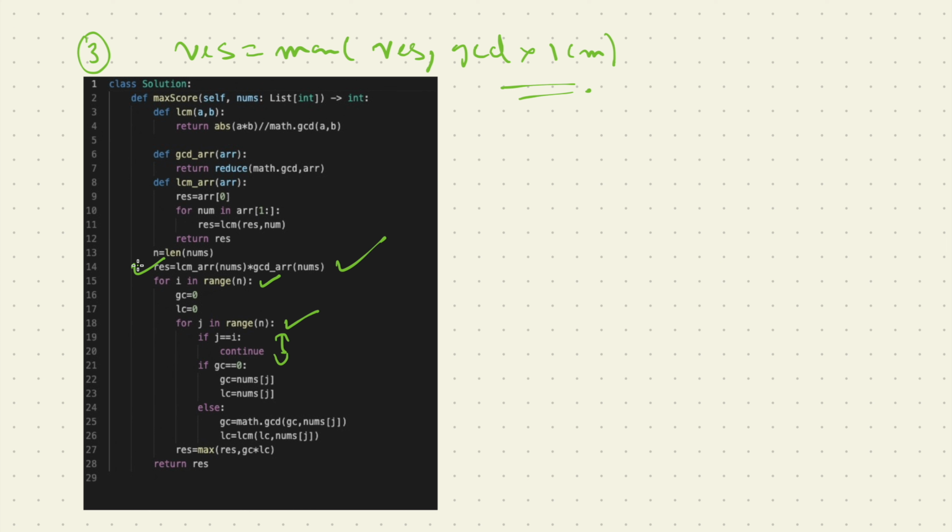If we do this, we already have the result for when you don't skip any element. Now we are checking the condition when we skip one element. So we just calculate the GCD and LCM for each of the iterations and update the result, and at the end we just return the result.